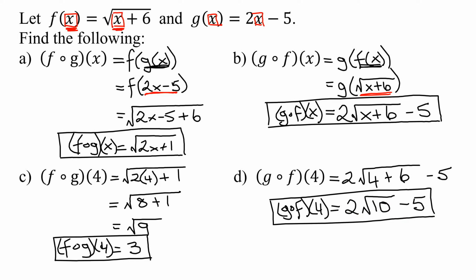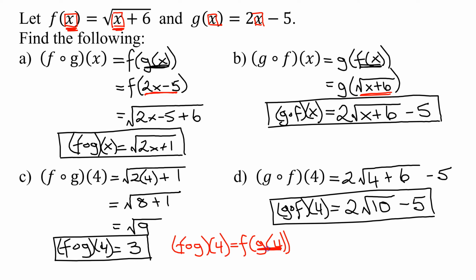One last thing I want to point out is we found f composed with g of 4 by plugging it into the definition we'd already found for f composed with g of x. But say we hadn't found this, there is another way of finding f composed with g at 4, and that's to find f at g of 4.